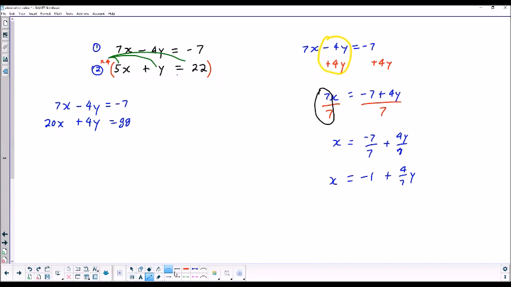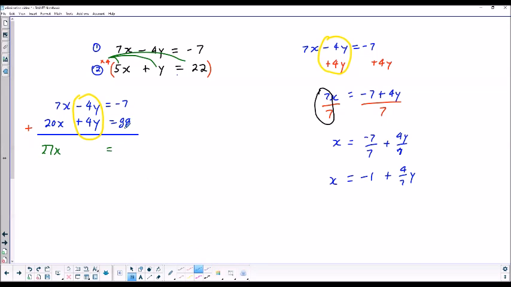Okay, and then I can just add these two equations together. When we add this, we get 27x. And here's that zero pair: negative 4y plus 4y is the zero pair. I've now eliminated one variable from the equation.